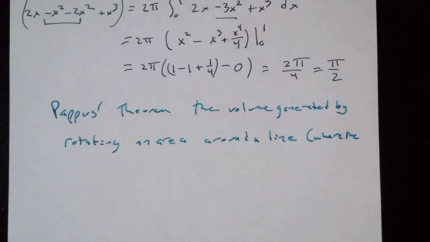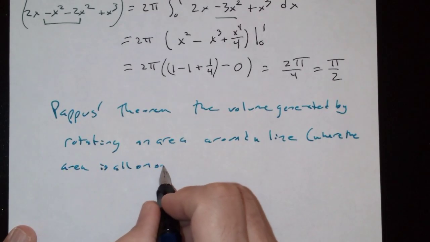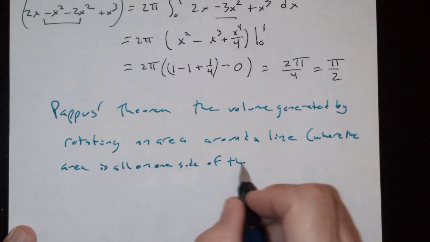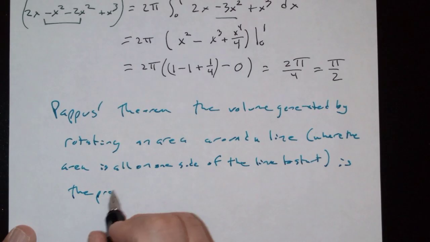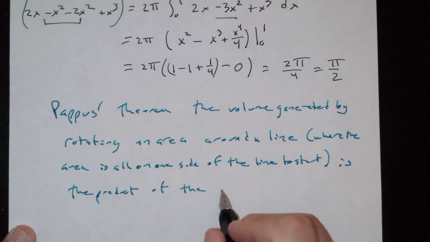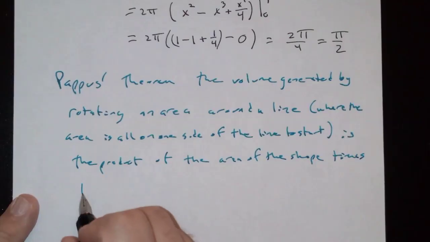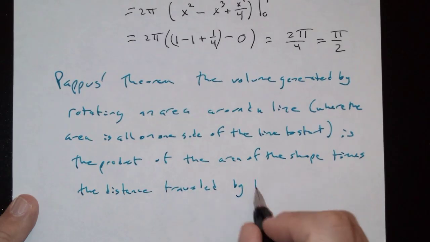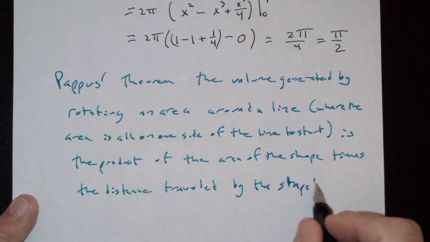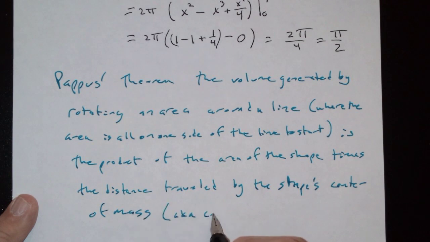The volume generated by rotating an area around a line, where the area is all on one side of the line to begin with, is the product of the area of the shape times the distance traveled by the shape's center of mass, also known as the centroid.